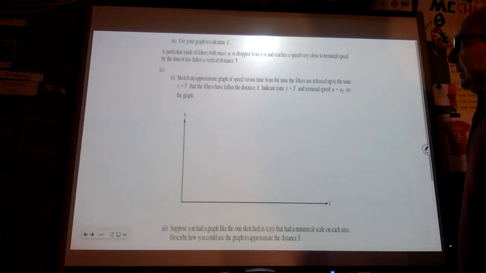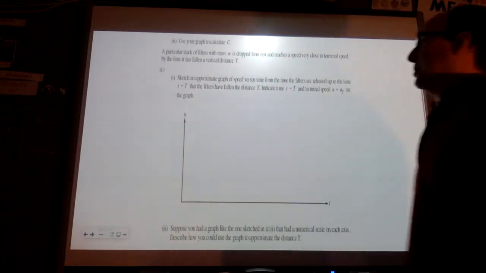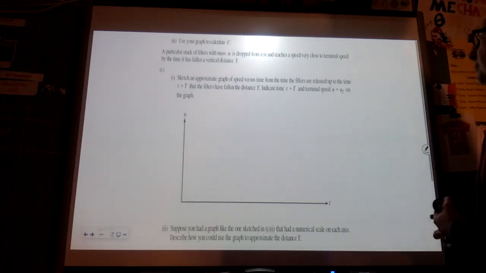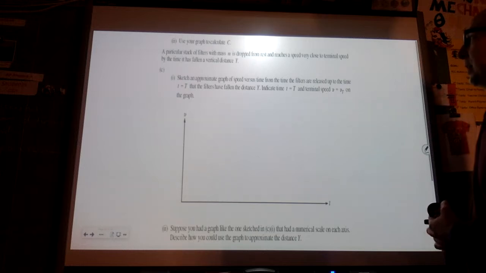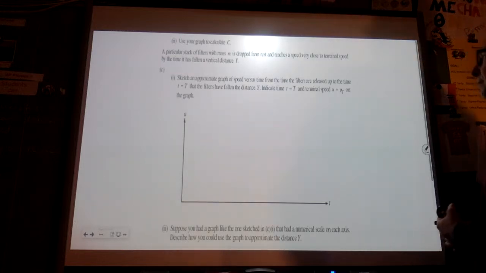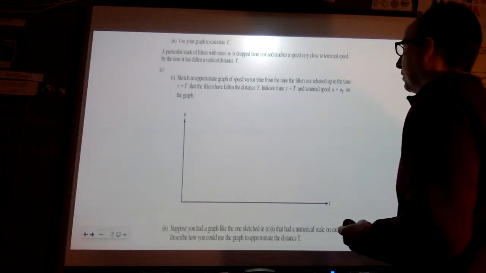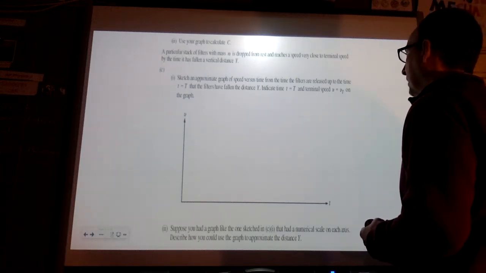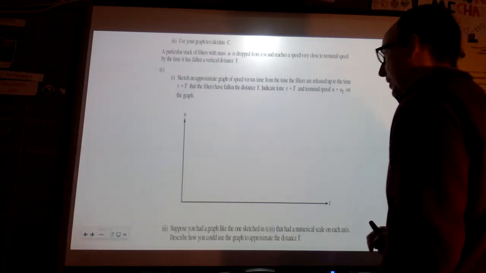So like we calculated C, a particular stack of filters with mass m is dropped from rest and reaches a speed very close to terminal speed by the time it has fallen a distance y. Sketch the approximate graph of speed versus time from the time the filters are released up to the time t equals capital T that filters have fallen a distance y, and indicate the terminal speed.